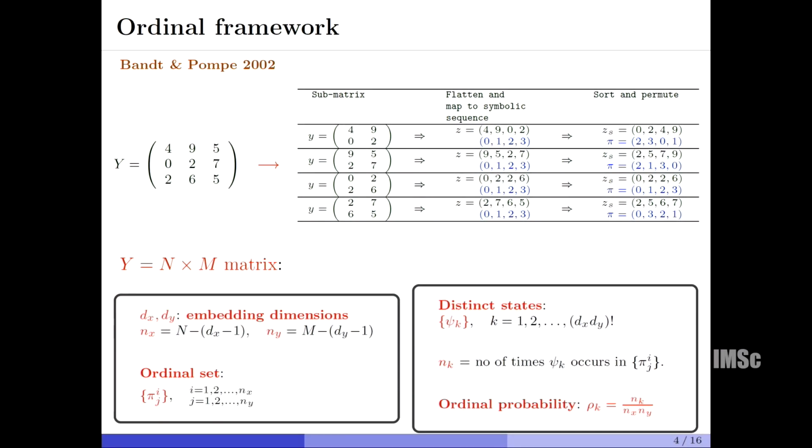This is a procedure in which I look at permutation states: look at neighboring intensities, sort them, assign a state to it, and find all the distinct states and how many times each distinct state occurs. That is the way this is calculated. I don't exactly know how to answer your question because I need to look up the literature and see how the state is defined.